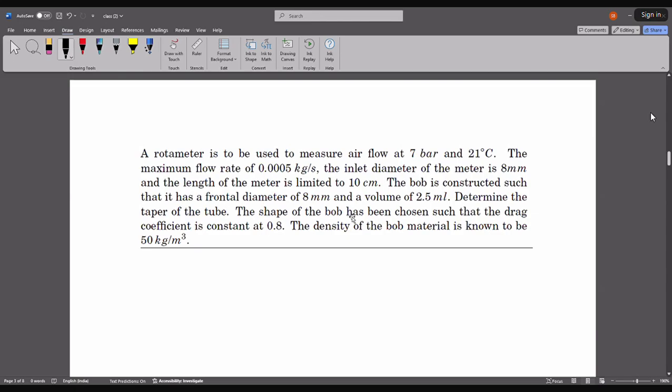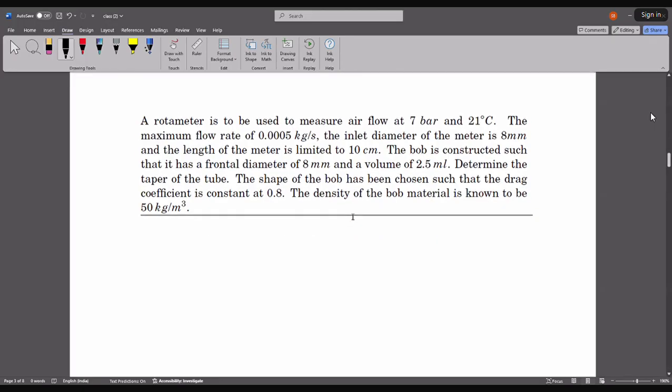So the next question is about a rotameter. This rotameter is to be used to measure air flow rate at 7 bar and 21 degrees centigrade. I hope you all remember the concept of rotameter. We had a tube which is tapered, and initially we have a bulb which sits down here, and there is no flow. Depending on the flow, the bulb goes to some position.